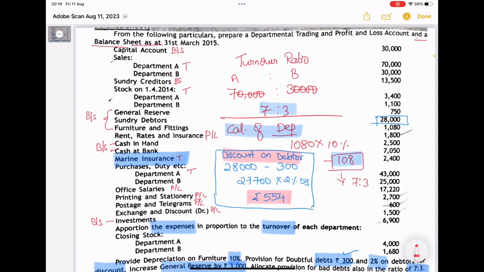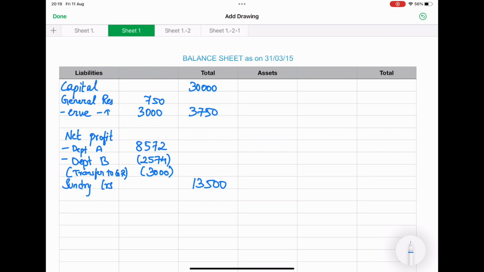Out of that 8,572, we are going to transfer 3,000 to general reserve. So I'm going to add it in general reserve account but deduct it in net profit. That's why I'm reflecting it as transfer to general reserve. So 8,572 minus 2,574 minus 3,000, we are going to get a total of 2,998.